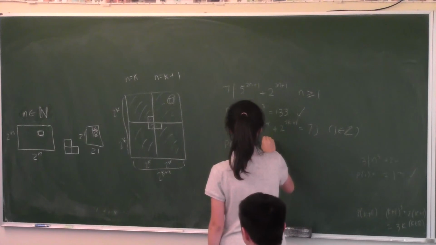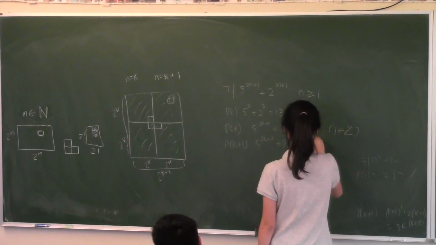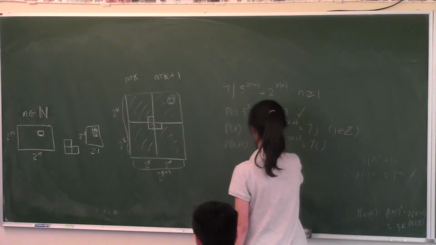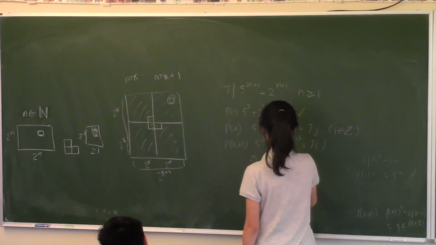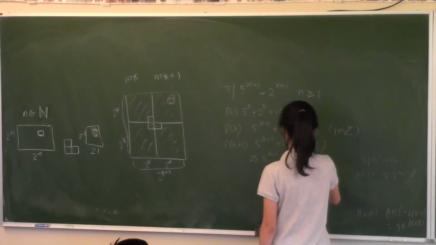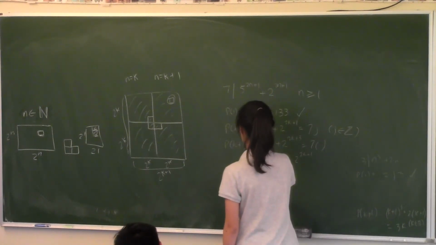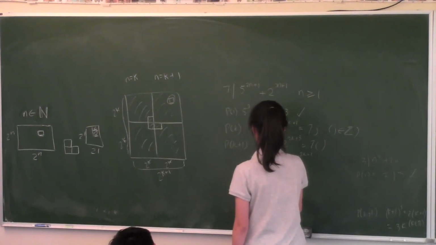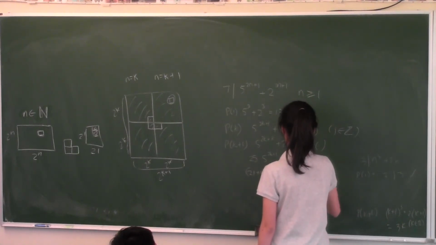It's 5 to the 2k plus 3 plus 2 to the 2k plus 3 equals 7 something. So that's 25 times 5 to the 2k plus 1 plus 4 times 2 to the 2k plus 1.